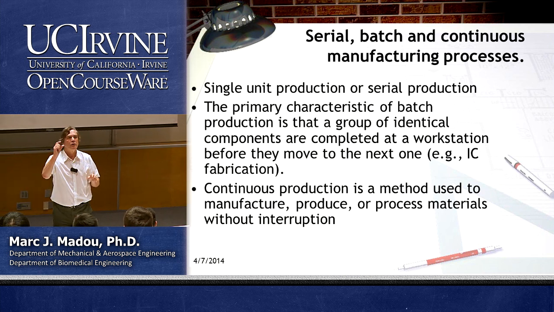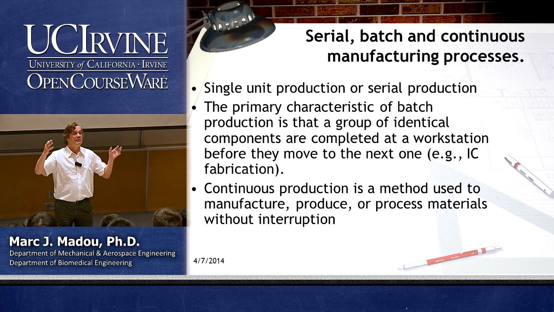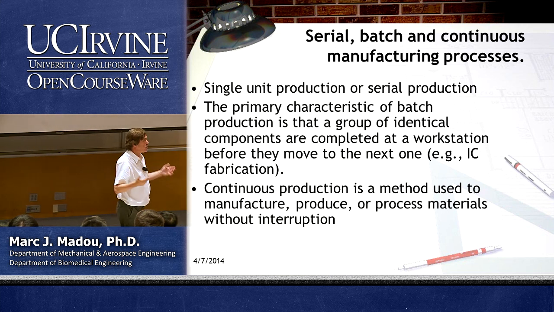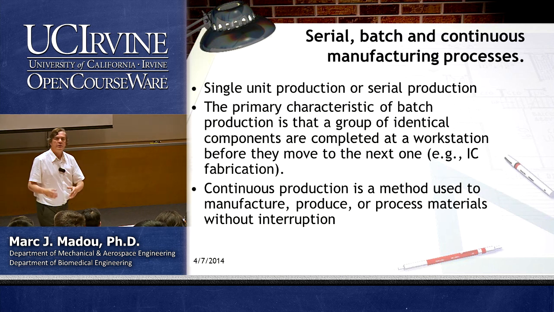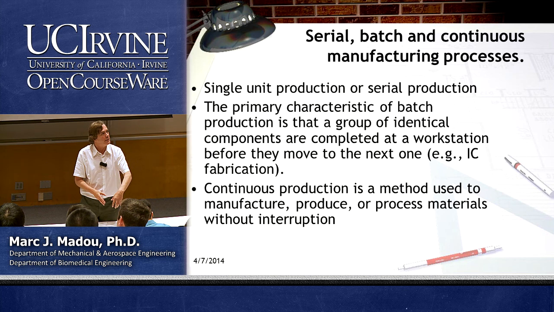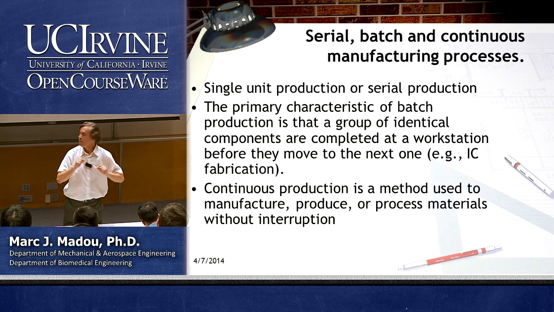You know how much a glucose sensor strip costs for diabetics? What do you think? 10 cents. And how can you make something in such mass unless you do it continuous? So there's a lot of thinking going into how could I, for example, make integrated circuitry continuously rather than in a batch, wafer by wafer.